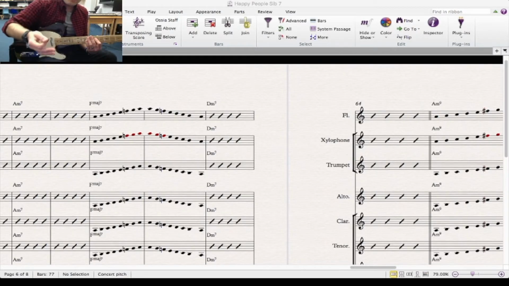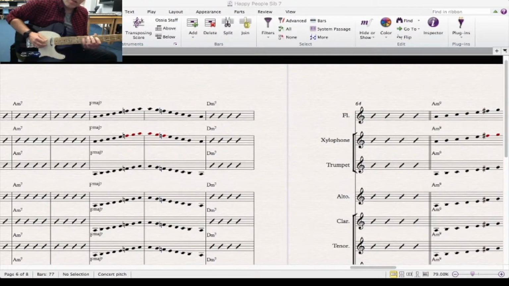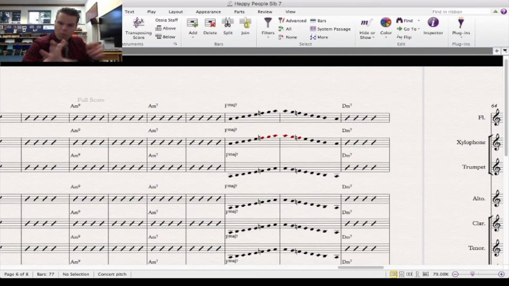So we're taking C major, we're starting on the 6th note, and we're continuing our scale. We're looking at modal playing here.